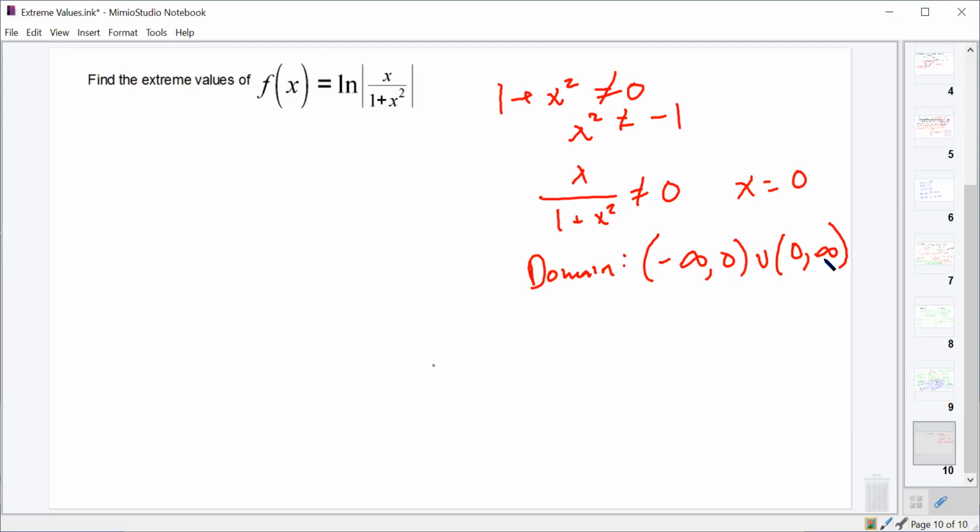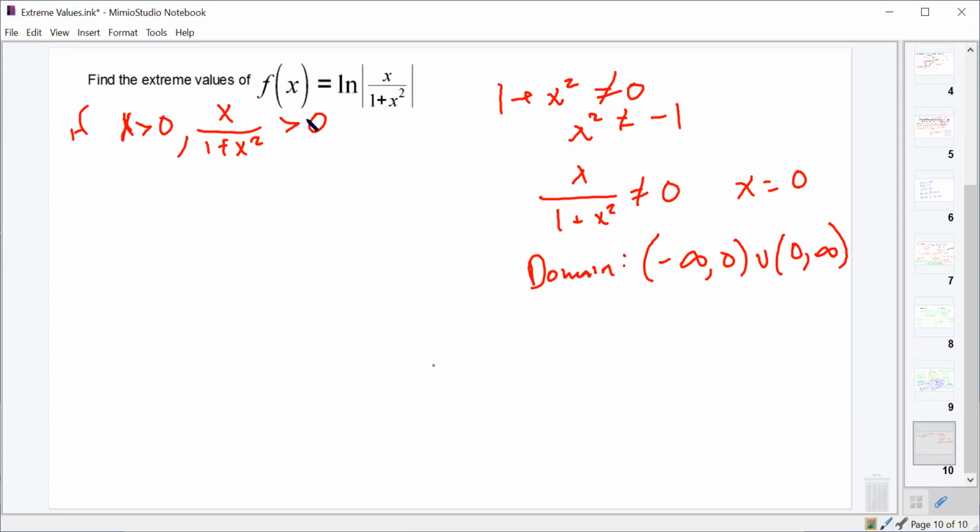Yep. All right. So if x is greater than 0, is x over 1 plus x squared greater than 0? Yes. Yeah, right, because the numerator is going to be positive if x is positive. And no matter what x value we have, the denominator is always going to be positive, right?